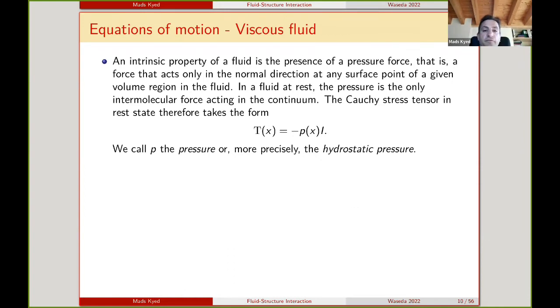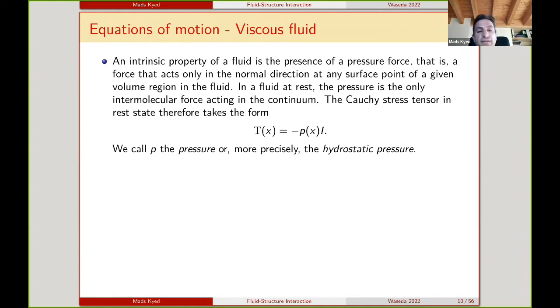So now I go to a viscous fluid, and I'll do this quite quickly because you probably know, maybe even better than me, how to derive the Navier-Stokes equations. Now we start with the intrinsic property of a fluid, that it has a pressure.